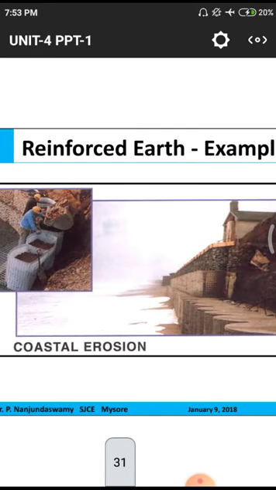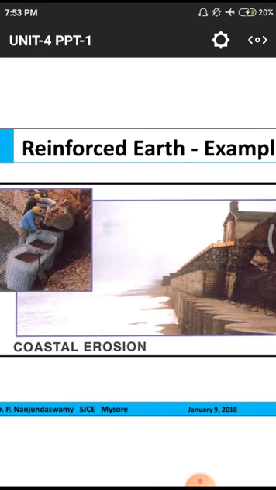Here they are observing the coastal erosion due to these tidal waves. Normally, tidal waves are moving 365 days and 24 hours. Due to their movement onto the sea coast, some part of the soil will be eroded, so that day by day the material will be mixing into the sea, and our land will be degraded.